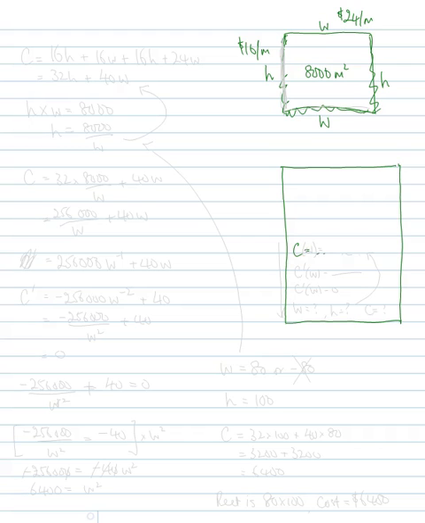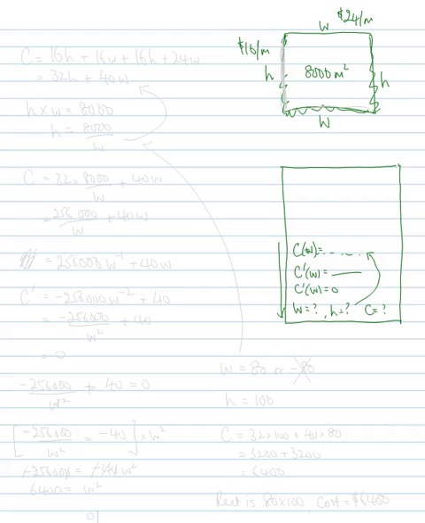So we're going to have the cost in terms of W or H. Let's say it's in terms of W. Then, because we're minimizing it, so whenever we're minimizing or maximizing, in other words optimizing, we take the derivative of that and then set it to 0 and then solve, and then you're going to end up with W equals something, H equals something, you plug those numbers back into the function, and then you're going to end up with the total cost. Okay, so we're going to work through this sequence here.